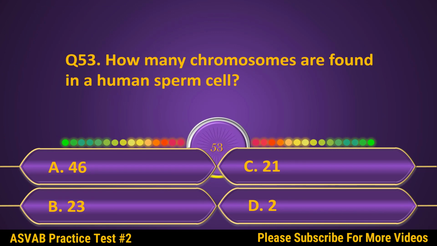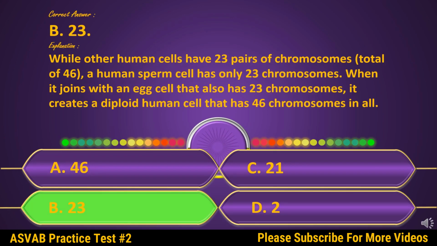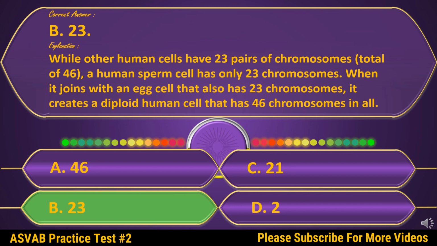Question number 53. How many chromosomes are found in a human sperm cell? The options are A. 46, B. 23, C. 21, D. 2. The correct answer is option B, 23.